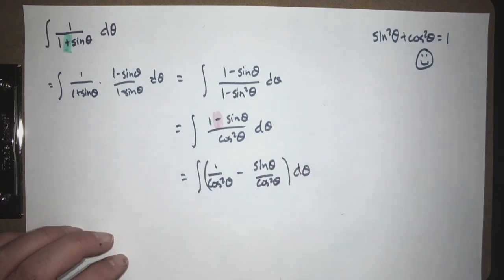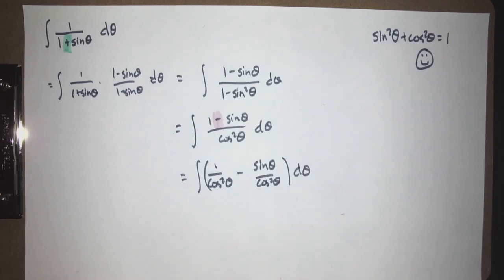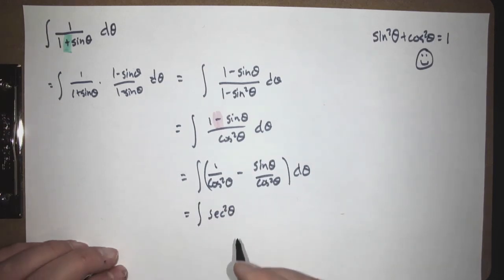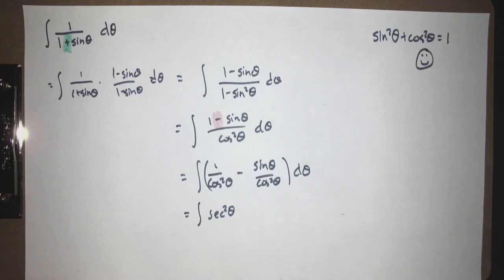Now, 1 over cosine squared, does that have another name? Secant squared. Does secant squared make us happy? Why does secant squared make us happy? This is a happy occasion for us.